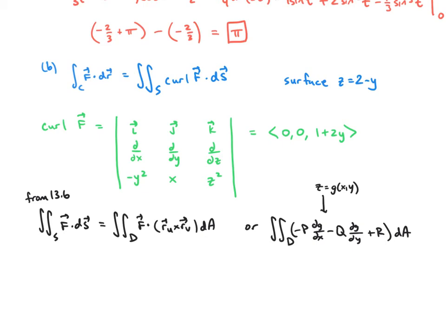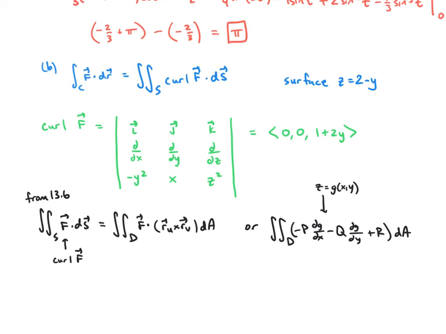Now, it all goes back to the idea that this is all from 13.6, but remember, in our particular context, this is simply just curl F for this problem. So once we set up our problem and we're utilizing Stokes' theorem, curl F is simply just a vector. And so we're going to go back to section 13.6 and utilize techniques in order to solve it.